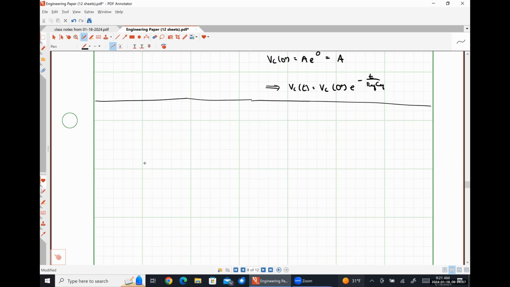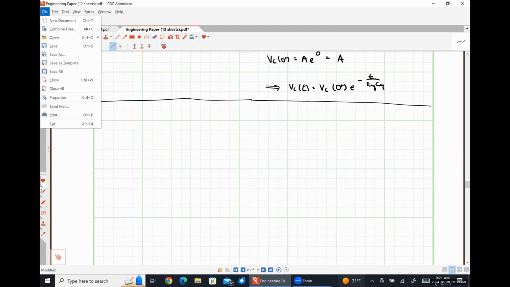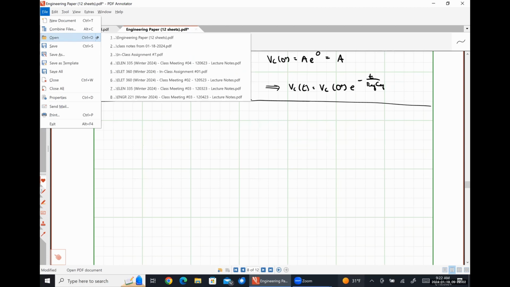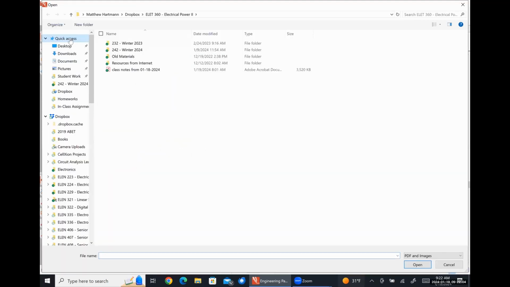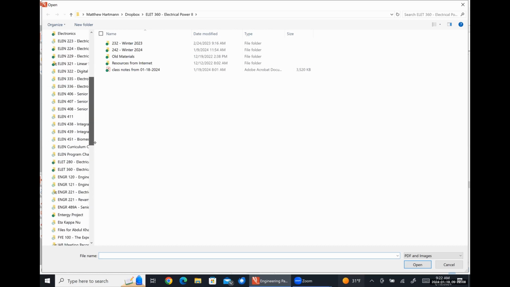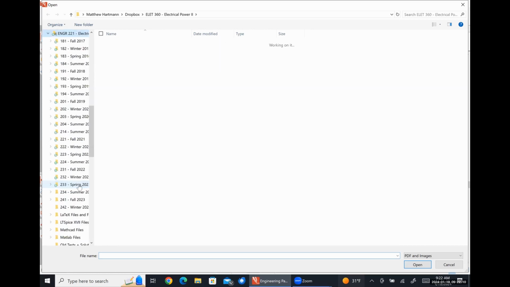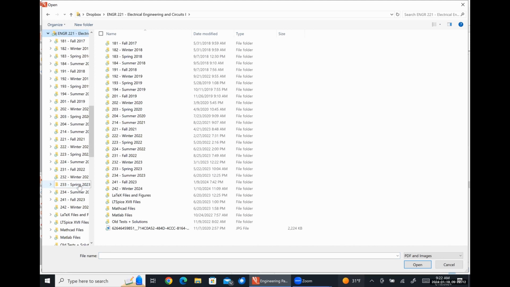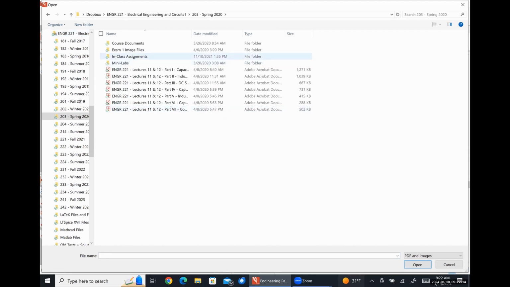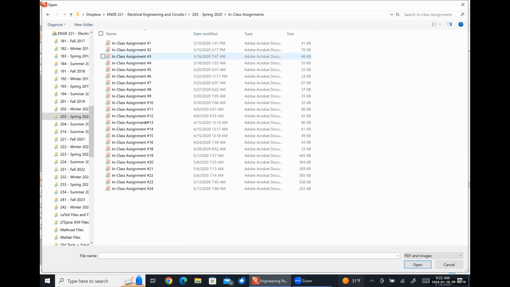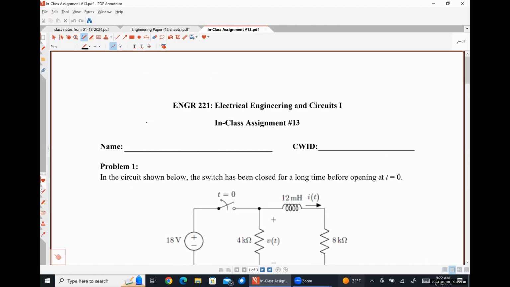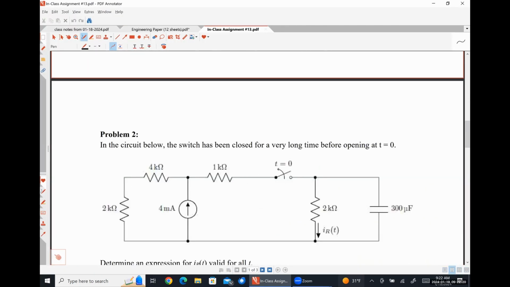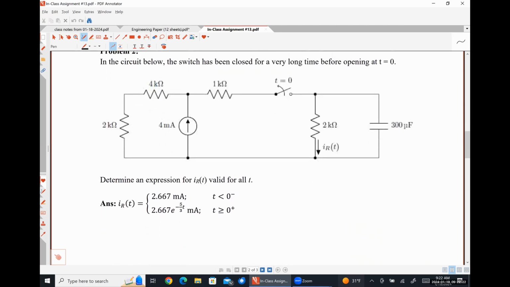Let's do the in-class assignment problem with a capacitor in it. That way I don't have to make one up. Let's see. So that's the inductor problem. So here's our capacitor problem. We have a nice answer here that we can check our work with.